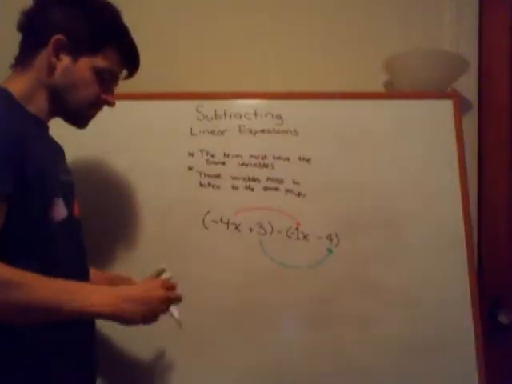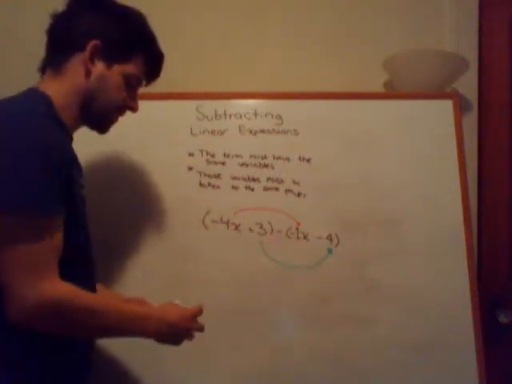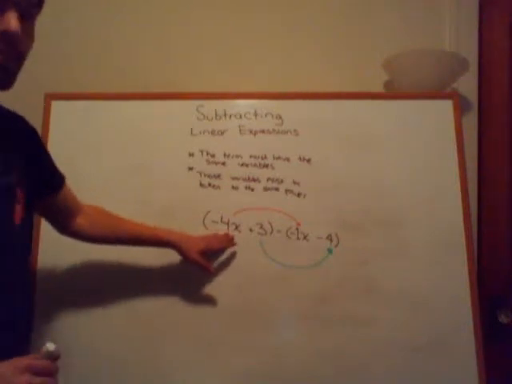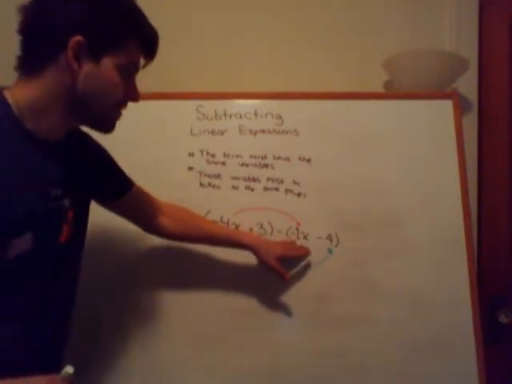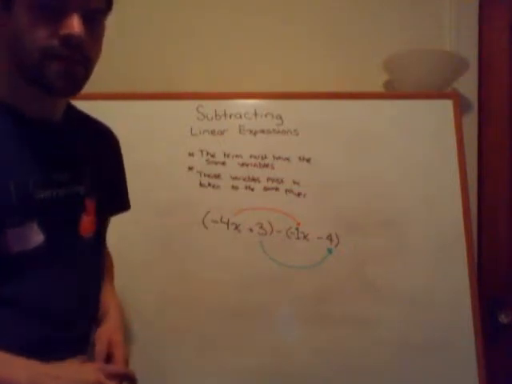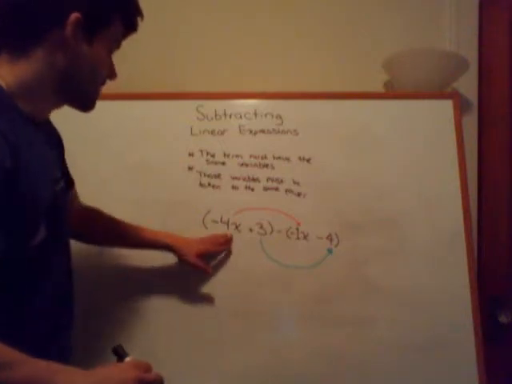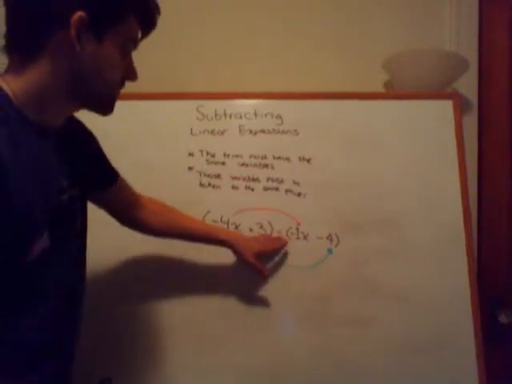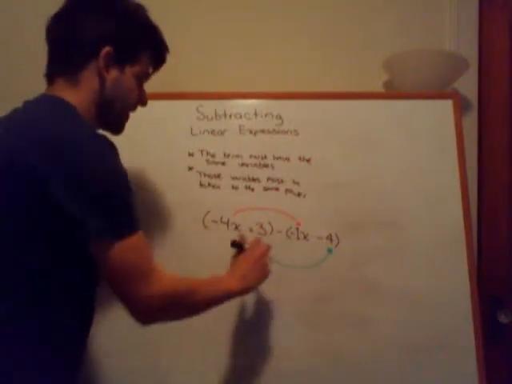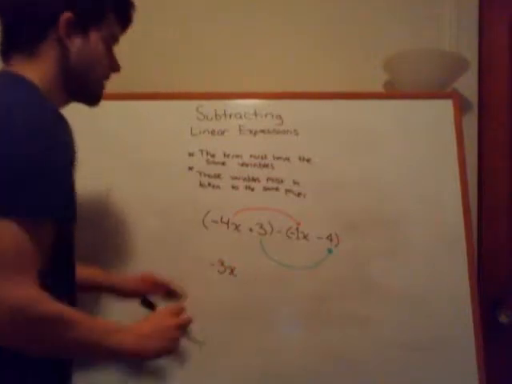Now, one of the reasons that putting the negative 1 coefficient is very helpful here: we have a negative 4x, but we're subtracting a negative 1x. When we subtract a negative value, we're actually adding a positive of that value. So if we take a negative 4x and subtract negative 1x, that's like negative 4x plus 1x. That's going to give us a negative 3x.